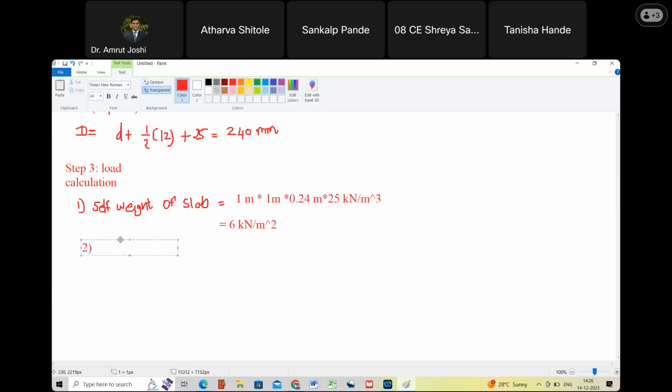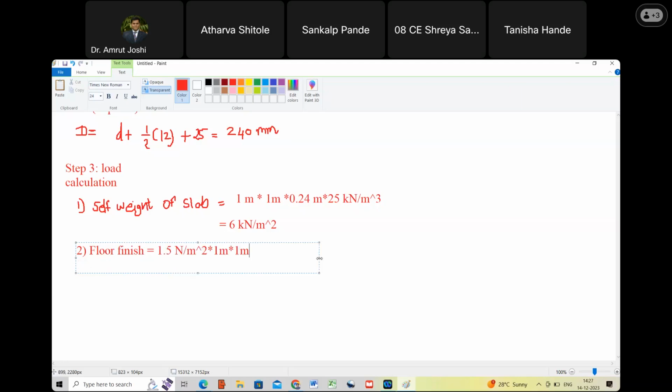Chalo. Floor finish. So what is the floor finish load? It is 1.5 kilonewton per meter square, multiplied by 1 meter into 1 meter. So how much is that?